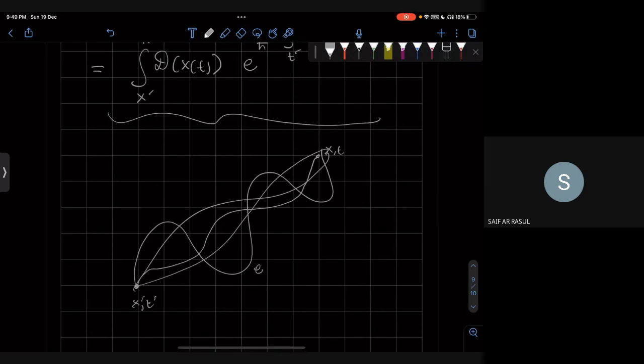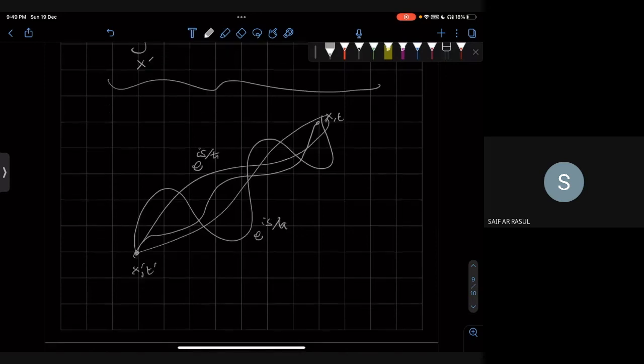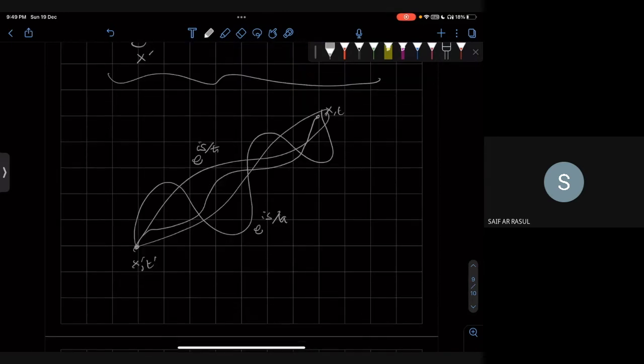But each path will be weighted by the exponential of the classical action. So essentially that gives you a phase, right? So it's a sum over all the phases. Okay, so this is the Feynman path integral. But in principle, all of this just depends on the Markovian property of the time evolution operator.